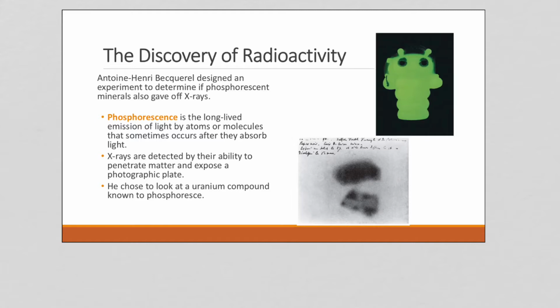He saw that the photographic plate had been exposed. So what he discovered was essentially that this material was emitting something that would expose the film without ever having been exposed to light over a long enough time to phosphoresce.